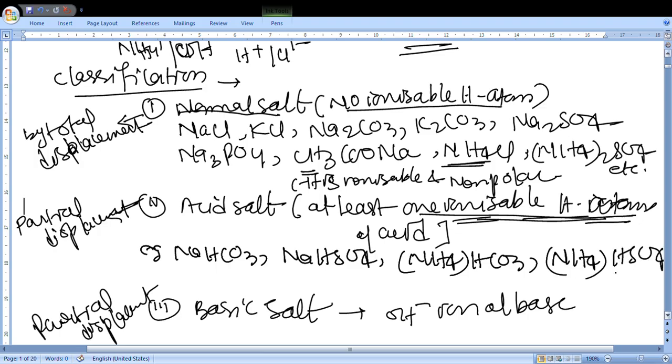So this H is of acid. That is, this underlined H is of the acid H2CO3. Underlined H is of the acid H2SO4, isn't it? That's why they are called acid salts, and they are formed by the partial displacement of ionizable hydrogen of an acid by metallic or ammonium ion.